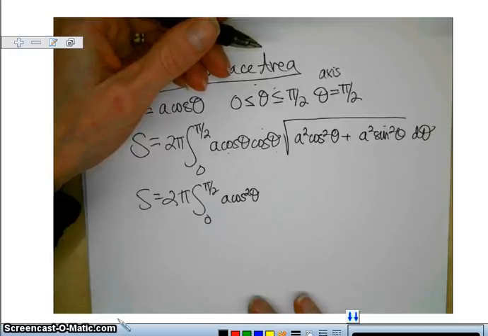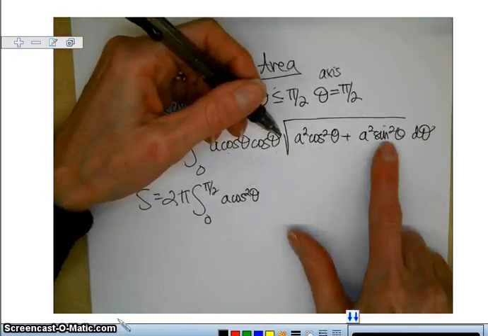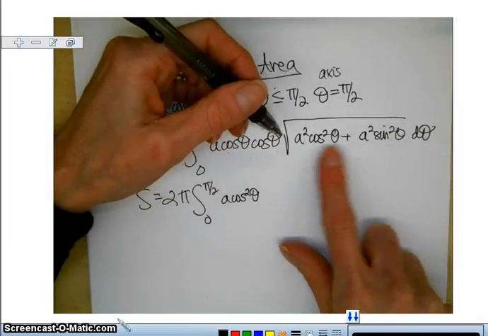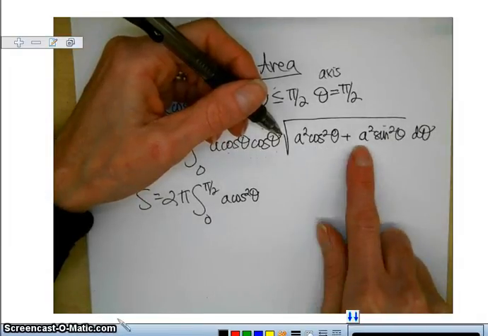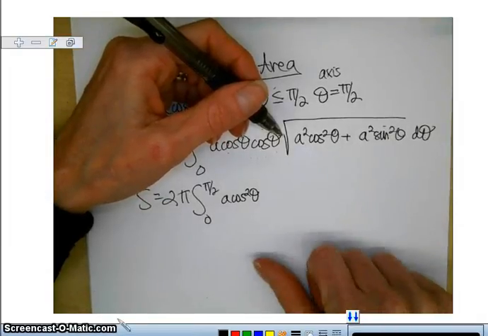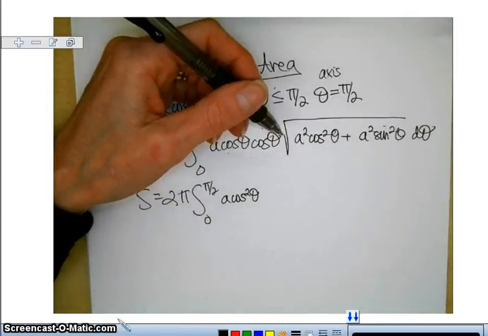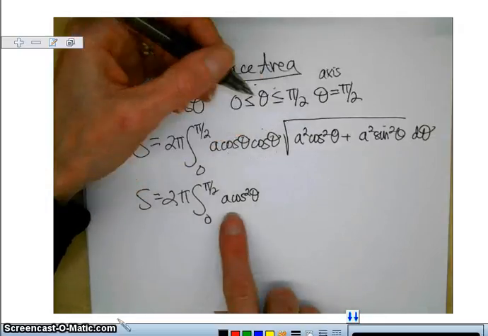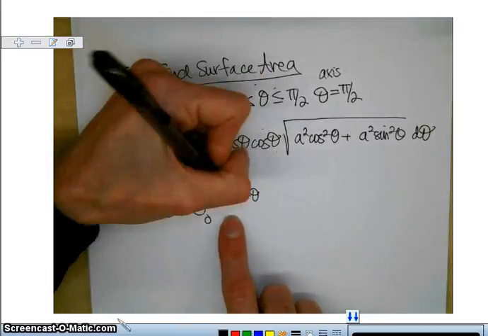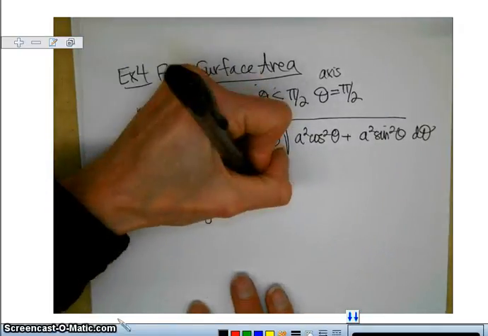A. Okay, so what can you factor out of these two? A squared. And what's sine squared plus cosine squared? 1. So you're taking the square root of a squared, right? Which is what? A. So what's your integral really? A squared cosine squared theta d theta.